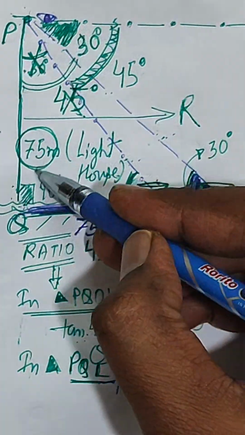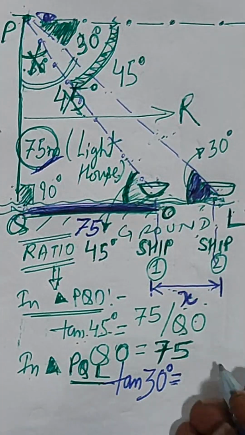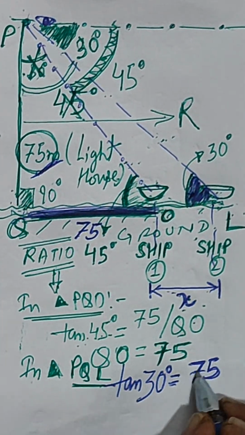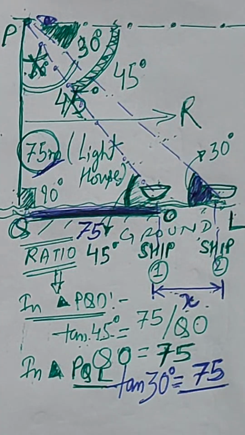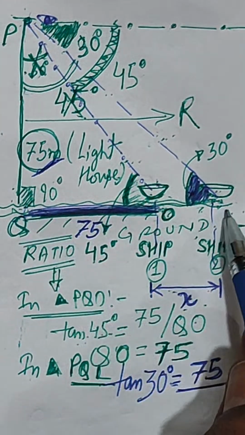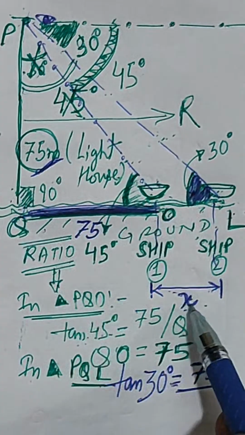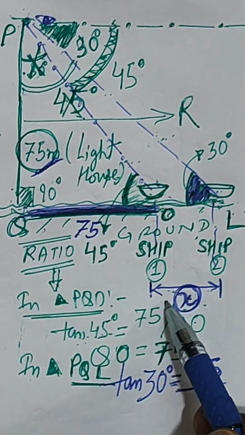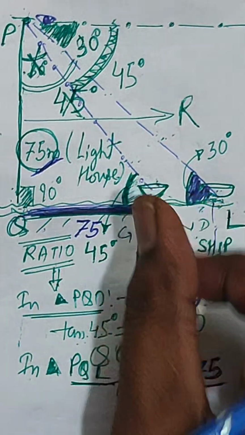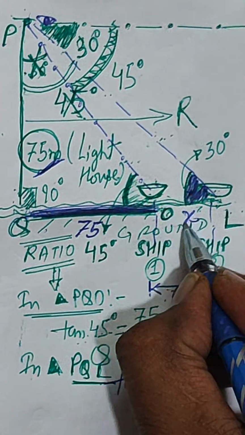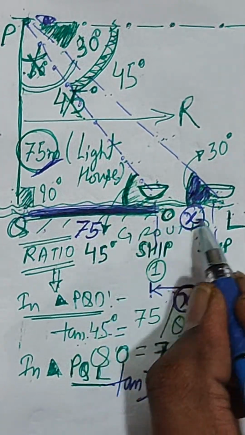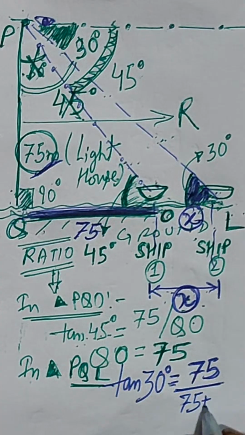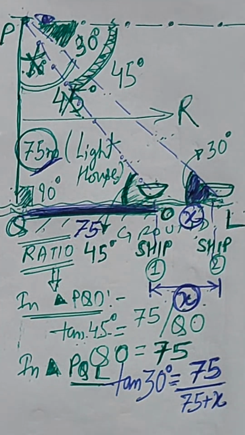And PQ is nothing but 75, your perpendicular. So that is 75 divided by your base, which is this X distance between the ships, plus 75, because this X will be this distance X. So 75 plus X. So just write it, 75 plus X, right?